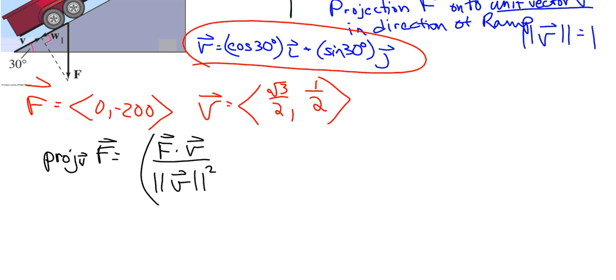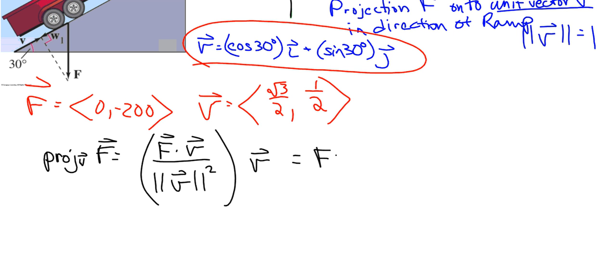What's the magnitude of V? 1. So since the magnitude of V is 1, the magnitude of V squared would also be 1.